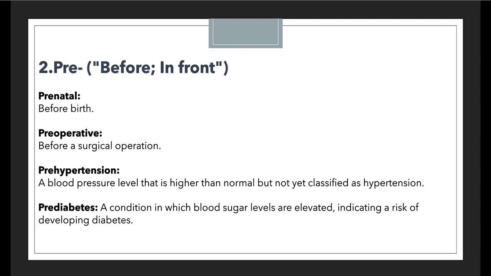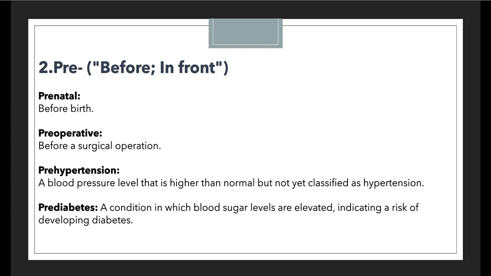Likewise, we have pre-diabetes. Now what is pre-diabetes? Pre-diabetes means a condition in which blood sugar levels are elevated, like blood sugar levels are high, still it is indicating the risk of developing diabetes. Okay, it is not actually diabetes, but the patient might develop diabetes.